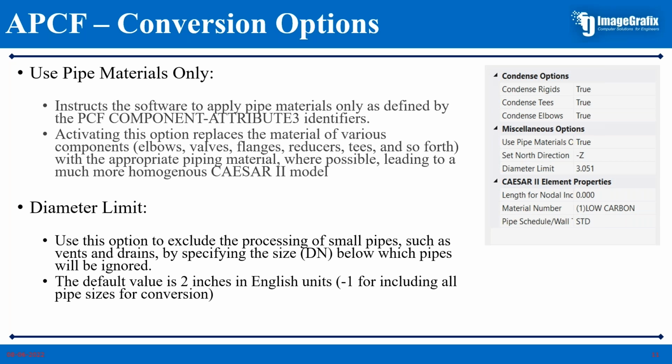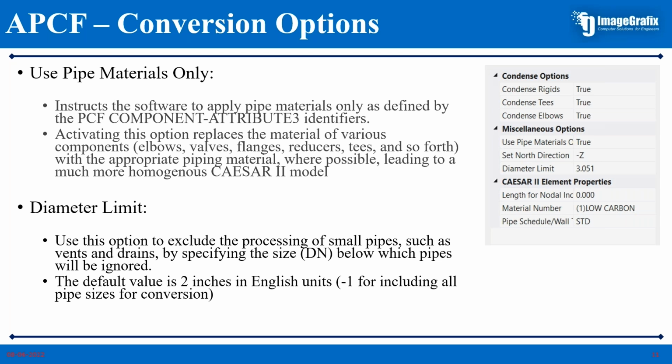And the default material number, I can keep it as low carbon or A106 grade B or whatever it is. Now why is this required? There are a few cases where the materials may not be linked, like your gasket materials, bolt materials, or your flange and valve materials. These are not available in our CAESAR II window.